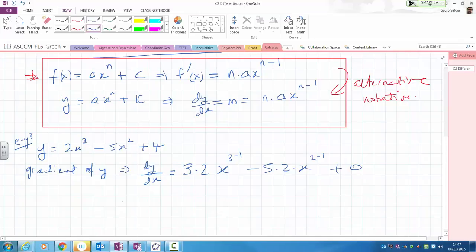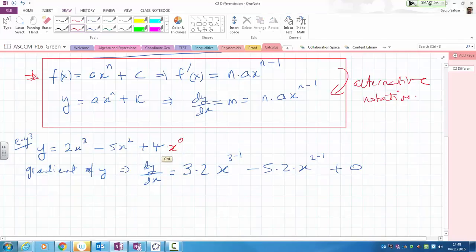But why does any constant become zero? The reason why they become 0 will be better understood when we do integration, and you understand why you have a constant of integration and what that means. But for the moment, let me just say another way to understand this constant is to say this is x to the power of 0.